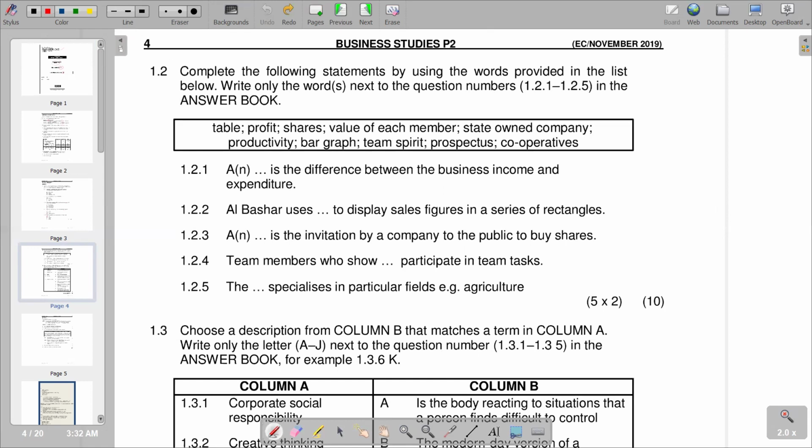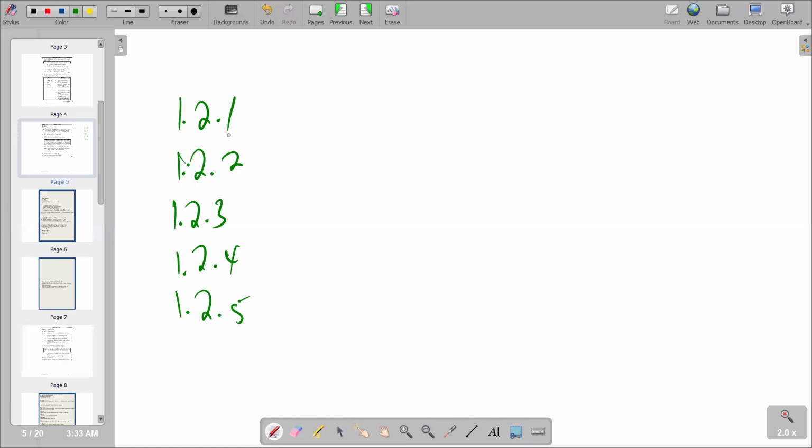So on 1.2.1, the correct answer is profit. We'll go to the next question.